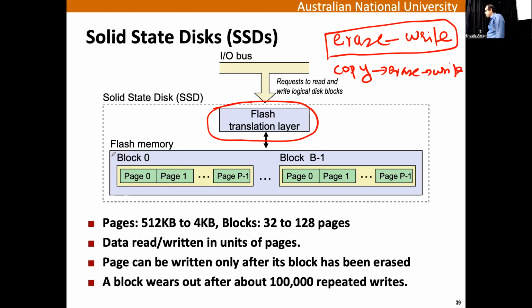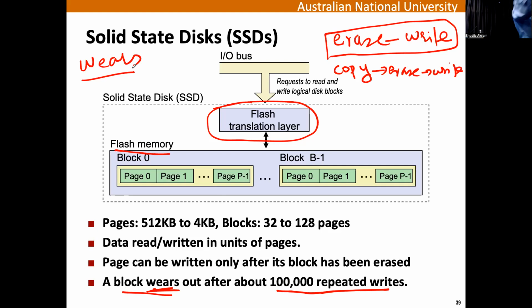The technology that is used in flash memory, typically after 100,000 writes, the block wears out. Wearing out means it is no longer useful. The way the technology works, you have to erase things, you have to write things.